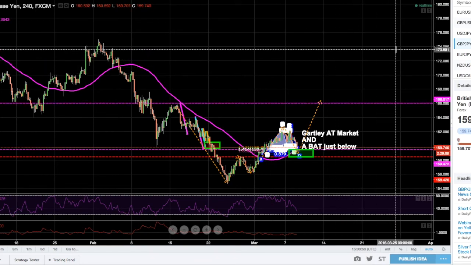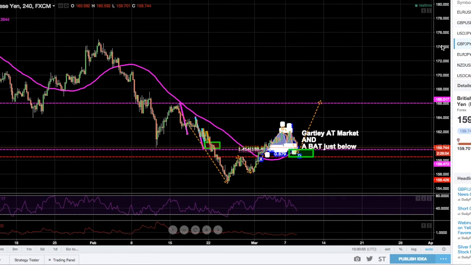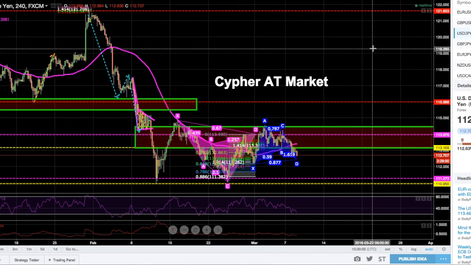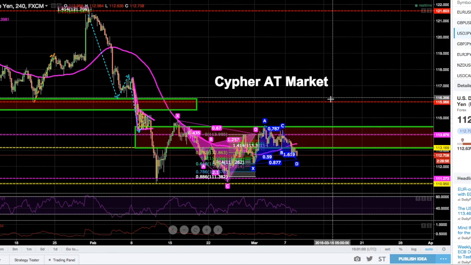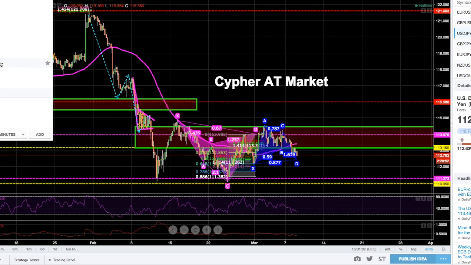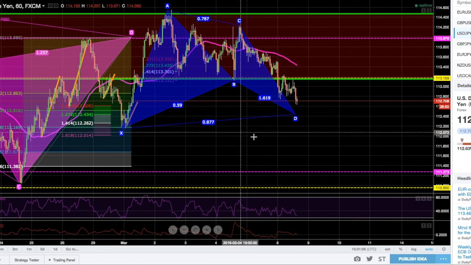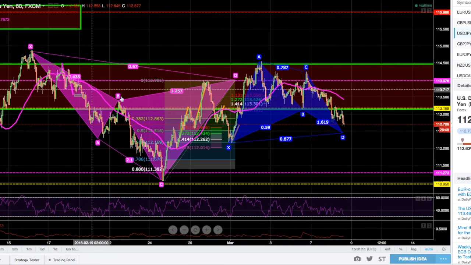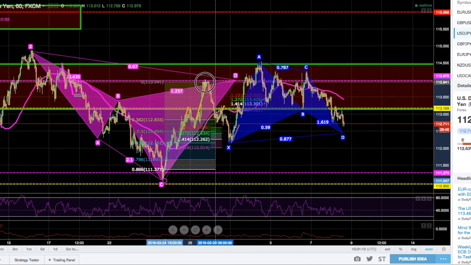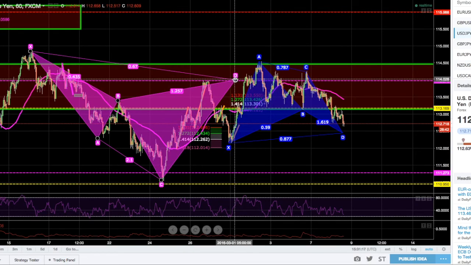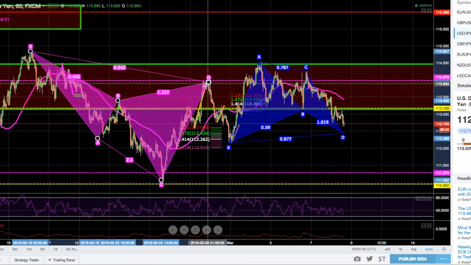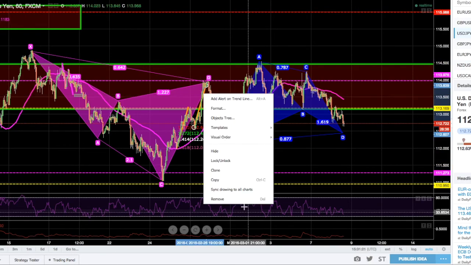So let's check out the dollar yen. All 3 of 4 are yen pairs. This is getting a little crowded with drawings in here. But if we take a look at the 1-hour, this is a cipher pattern that has completed, so this can be removed.